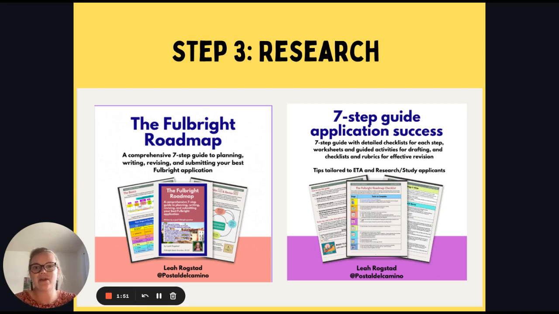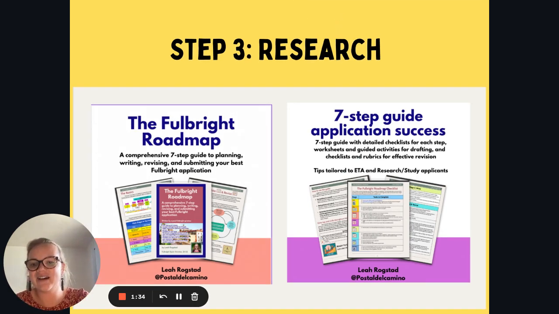With your research affiliate, make sure you know what type of research they're doing, the specifics, so you sound very informed when you write that research affiliate letter. In the Fulbright Roadmap guide, you will have a full checklist of each of these specifically for research and study versus the ETA.